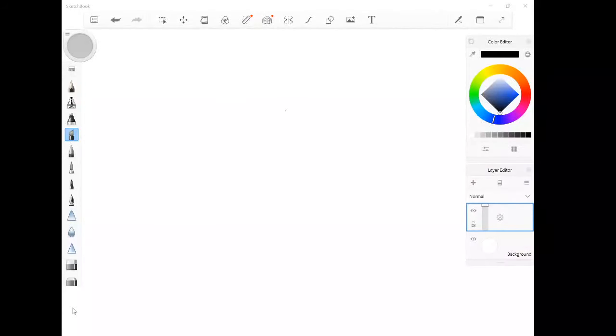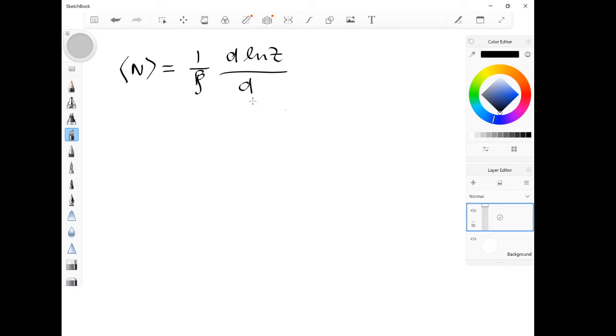I would have thought the expression is generally something like this, where your mean number of particles is equal to 1 on beta, d ln Z of d mu, like that. Is that what you think?